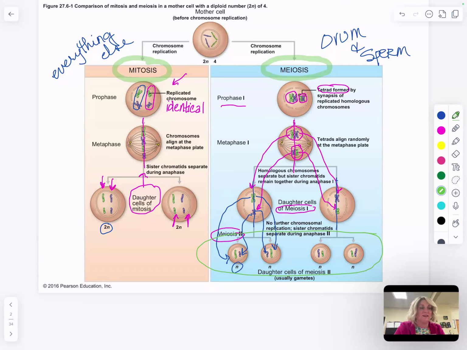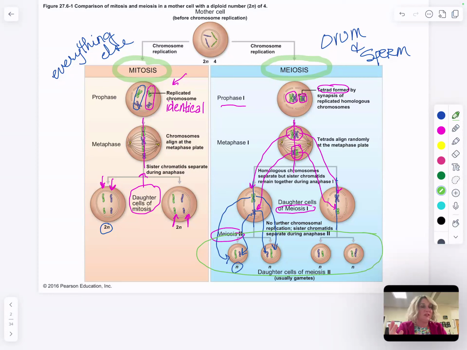Every single one of those cells is now different from each other, and none of them are the same as the mother cell. Okay. All right. And each one of those daughter cells in meiosis 2, that will either be an egg or that will be a sperm. So that's how you get a variety of genetics.